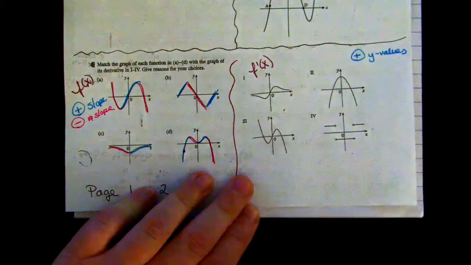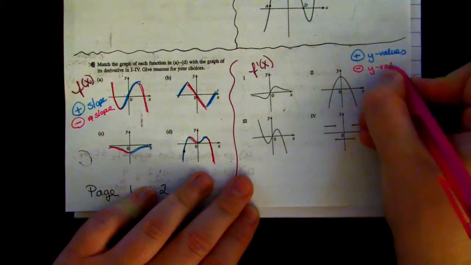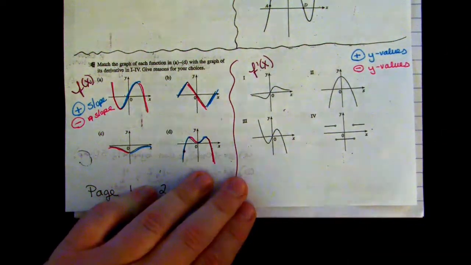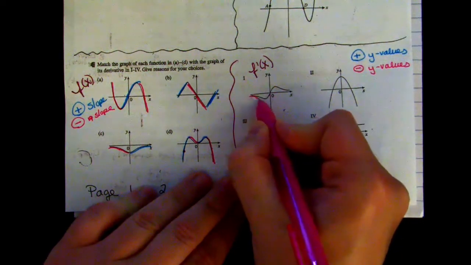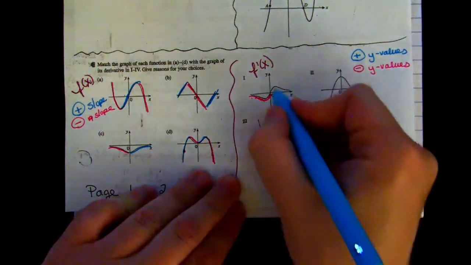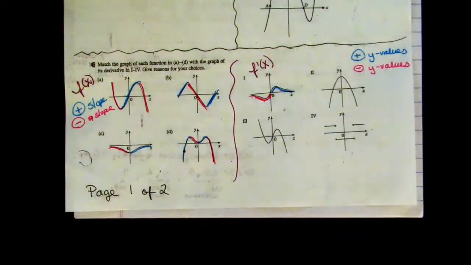And I'm going to use pink to trace out negative y values. So in number 1, I have negative y values over there because I'm below the x-axis. Then I'm going to switch over to positive y values, and it's going to look something like that. Take a moment and do that same tracing in 2, 3, and 4.